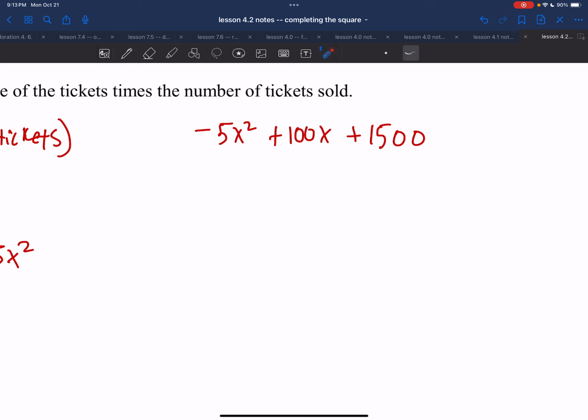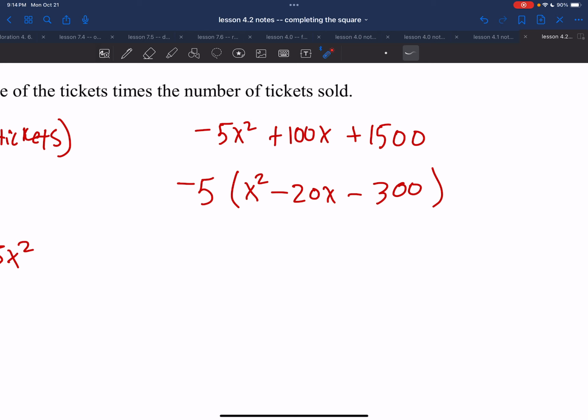But you can't complete the square unless the lead coefficient is 1. So we got to factor out negative 5. Looks like this. Factor out negative 5, you get x squared minus 20x minus, is that 300? Yeah.